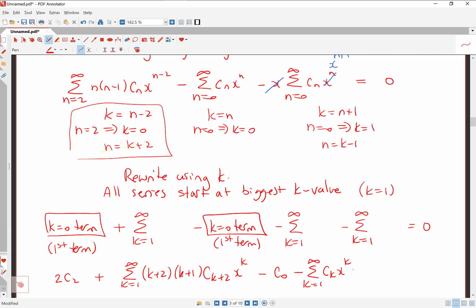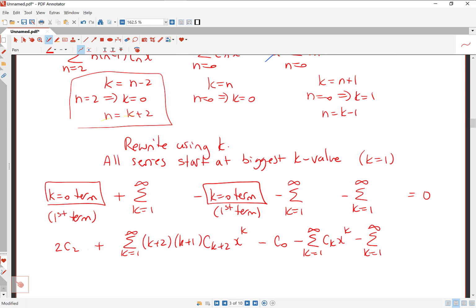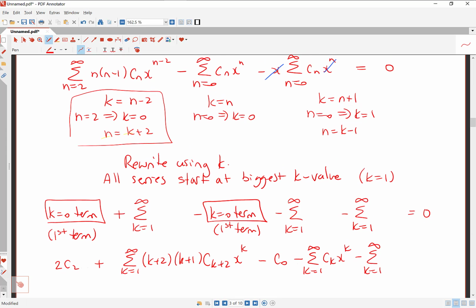Okay, now last series, we said that's going from k equal 1 to infinity. There are no extra terms to deal with for that series because it was originally starting at k equal 1. So it's just a matter of figuring out what the terms look like. And for that last series, we had said the relationship between k and n was that n is equal to k minus 1.